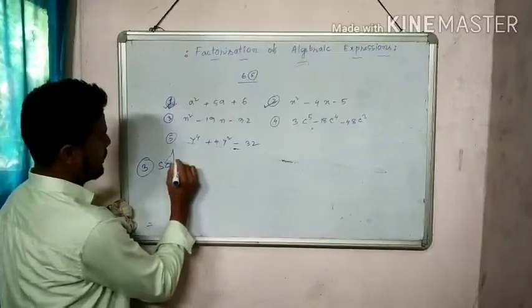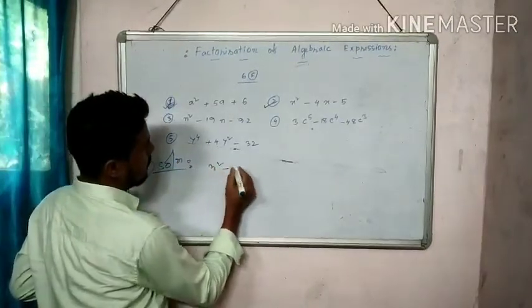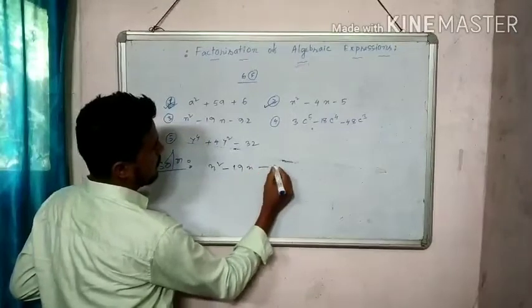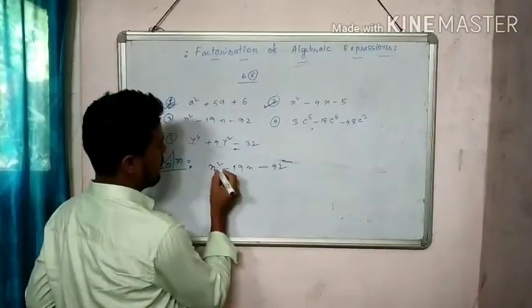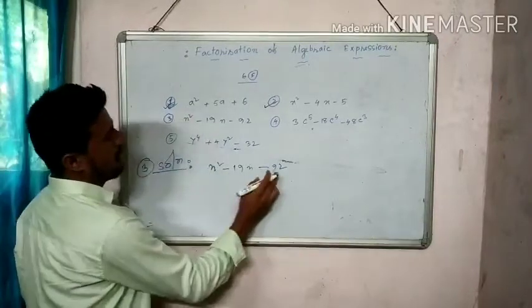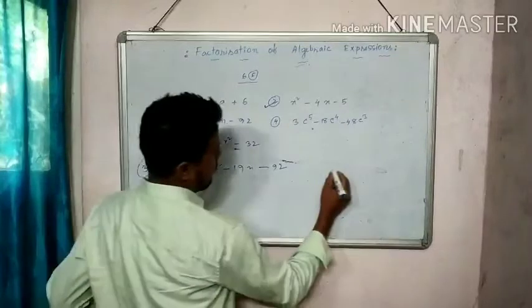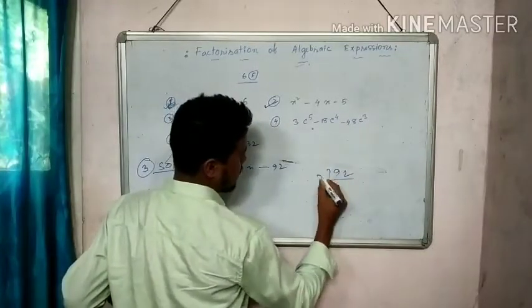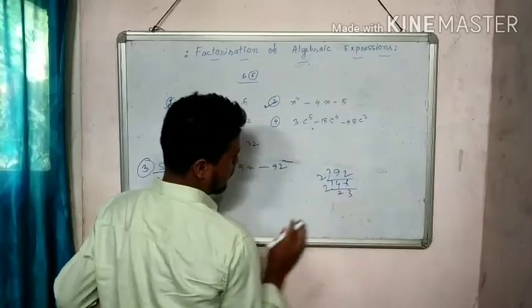Solution of number 3. Given n square minus 19n minus 92. So here multiply the coefficient of n square: 1 into 92 is equal to 92. Factorize 92: 2 4 is 8, 2 6 is 12, 2 2 is 4, 2 is 23.